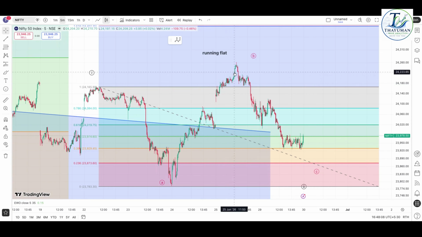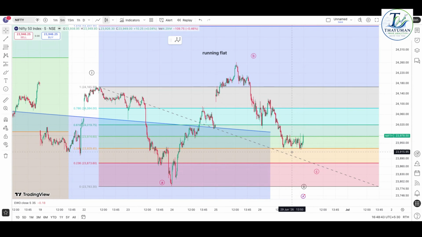So, for example, if B to C is a zigzag, and say this one is one zig and then a corrective, which means within B to C there should be a B, C, or 1 2 3 4 5, something like that. So in case we assume this is 1 2 3 4 5, this is 1, this is 2, this is 3, this is 4, and this should be 5, and we do not know what is happening.